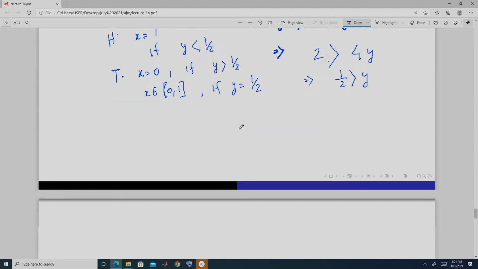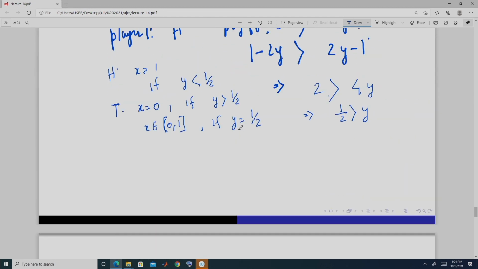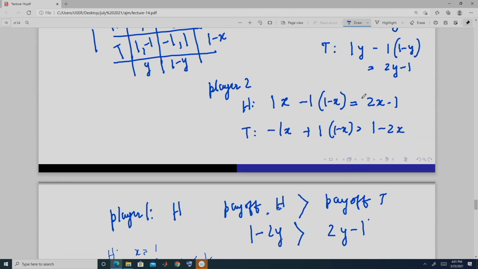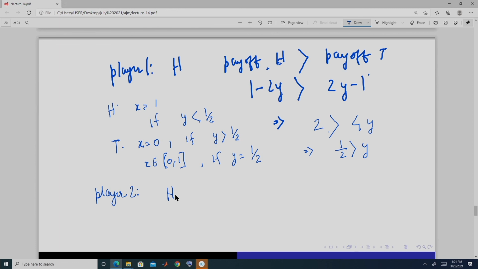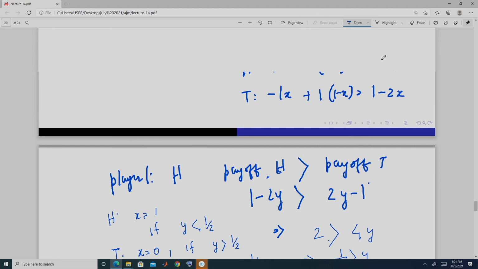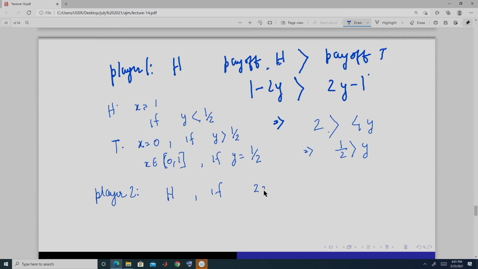Next, we look at player 2. Player 2 plays head if this is greater than this, that is, if 2x minus 1 is greater than 1 minus 2x.